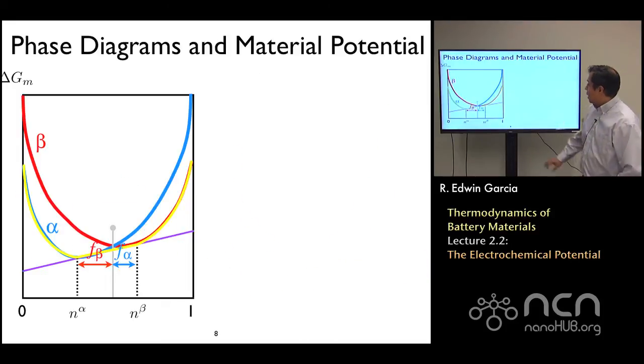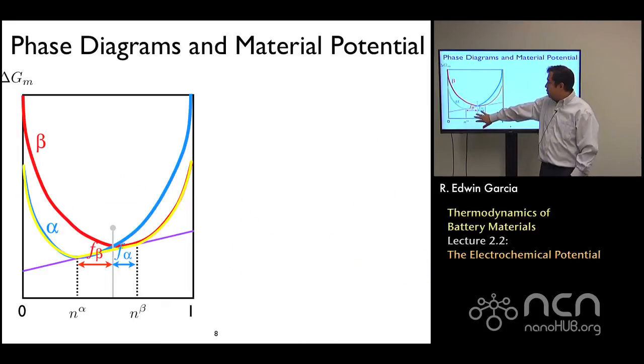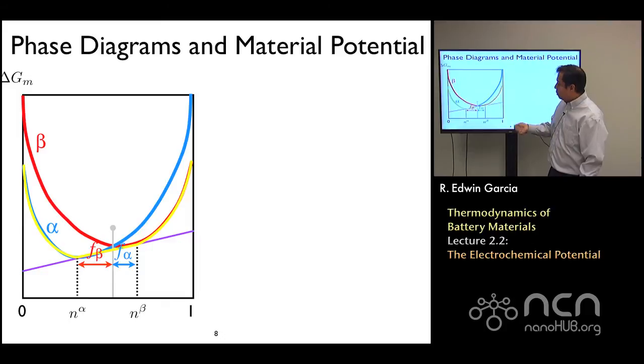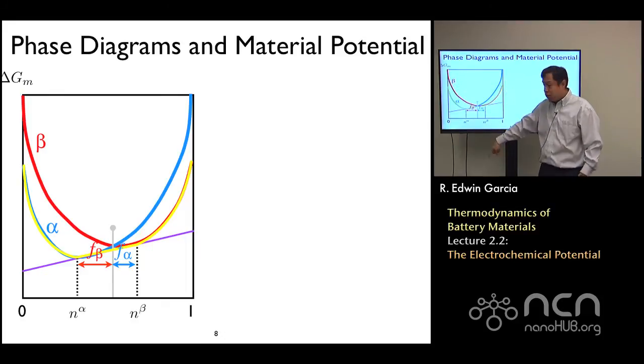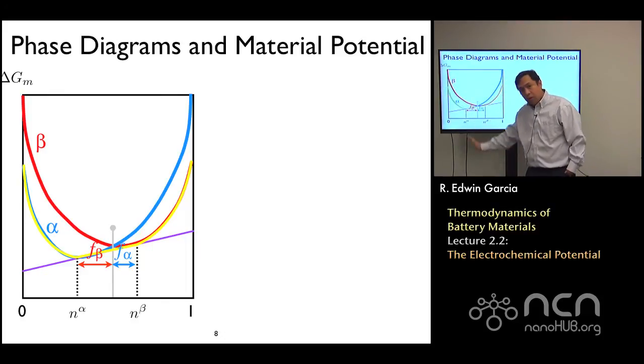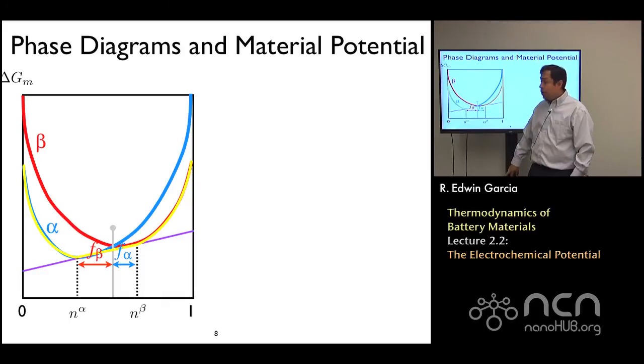Well, if we look back, our two-phase free energy construction can be directly related to the free energy. And if you think about it, the chemical potential, when I am on this side of the plot, corresponds to a line that intersects this point and goes all the way down there, giving me a very, very negative value. If I multiply by the charge of the electron, which happens to be negative, it puts it on the other side.